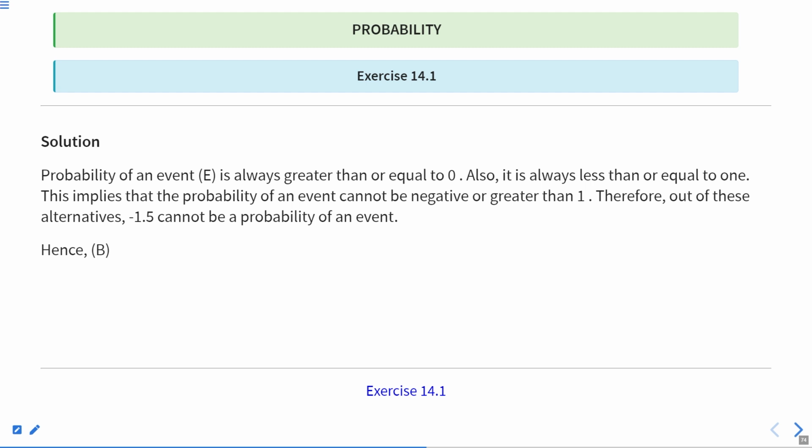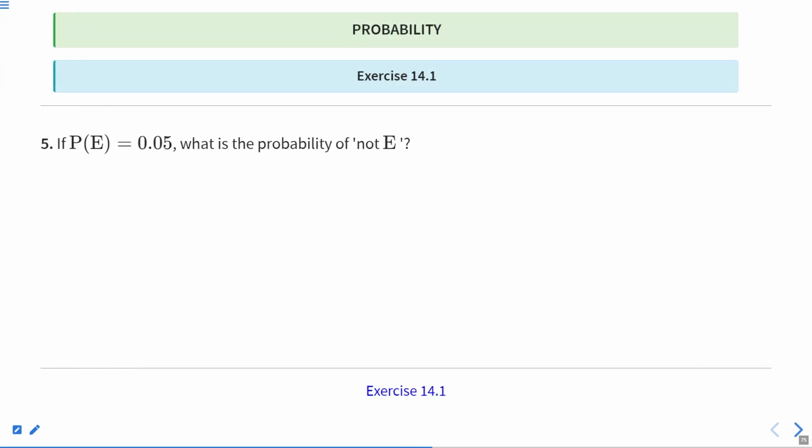And now let us move to the next problem. If the probability of E is equal to 0.05, then what is the probability of not E?